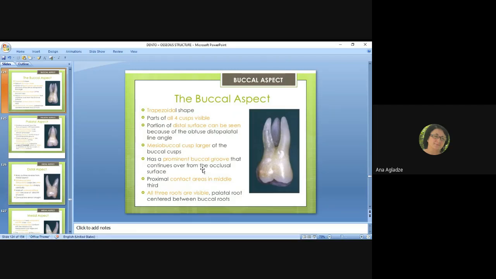We have a prominent buccal groove that continues over from the occlusal surface. Then proximal contact areas are in the middle third. The roots are visible. The palatal root is centered between the buccal roots.